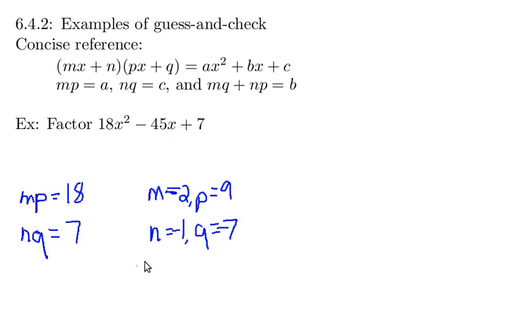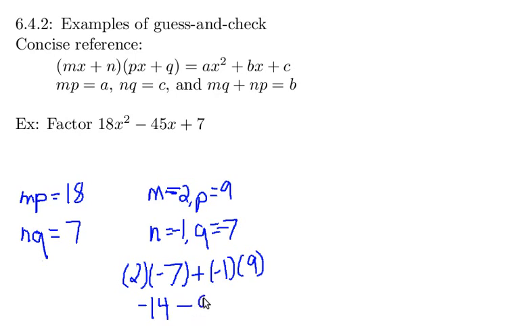Okay, so 2 times negative 7 plus negative 1 times 9. So that's going to be negative 14 minus 9. It's going to give you negative 23.